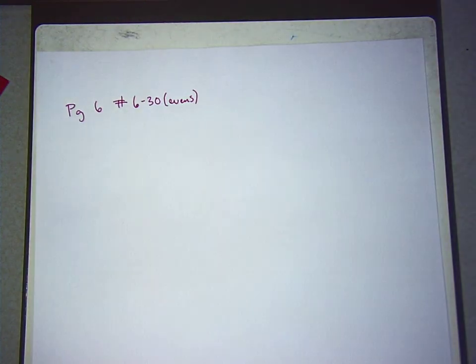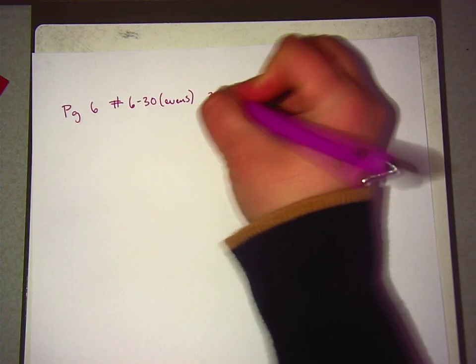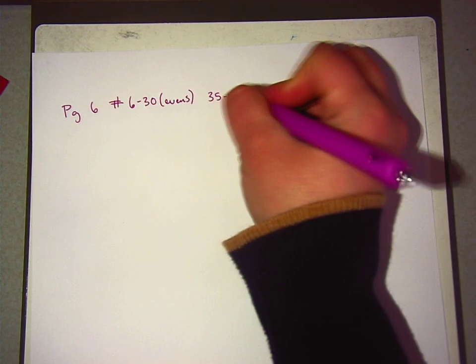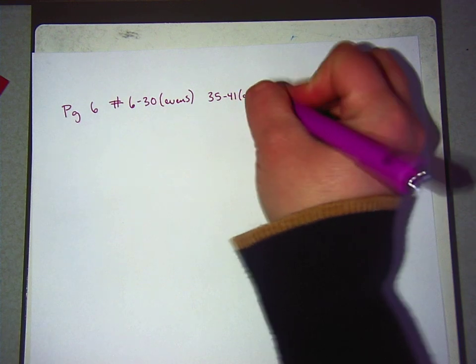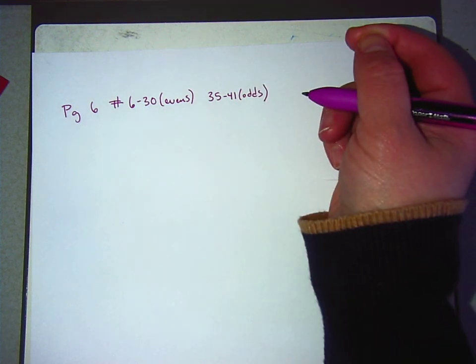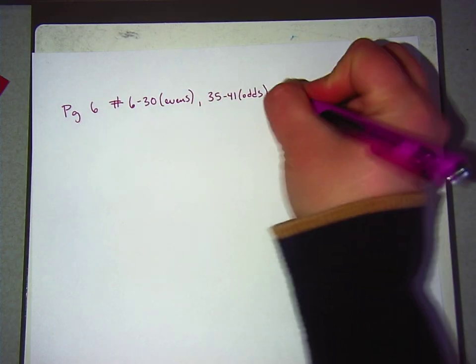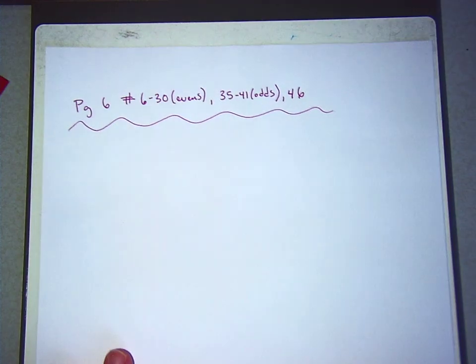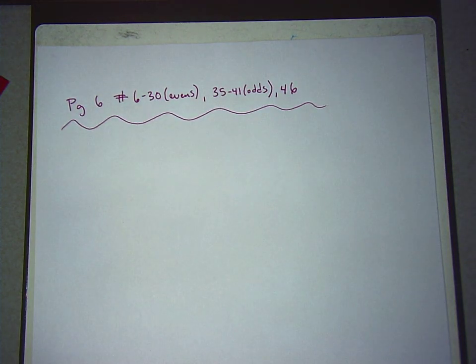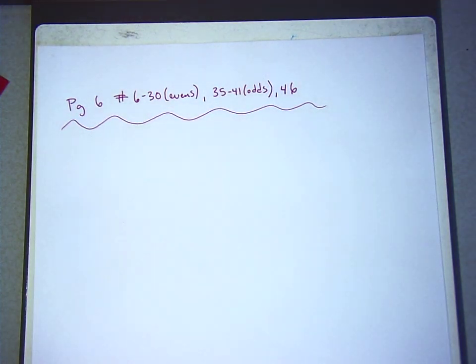And 35 through 41 odds. And then number 46. I know this feels like a lot of problems, but these problems go by very fast. And there are a few I want to talk about. So everybody open your book and let's look.